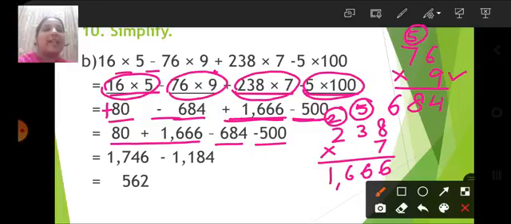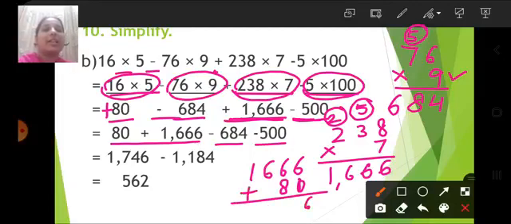When we add 80 to 1666, what will we get? 6, 8 and 6 is 14, 1 added to it 7, 1746. You can see here.